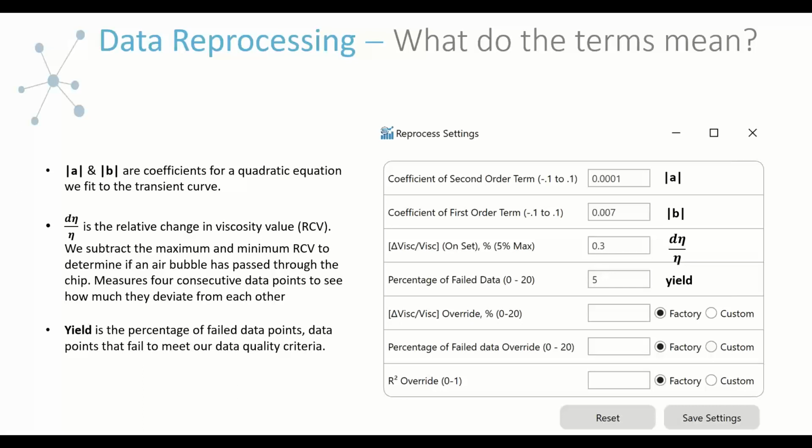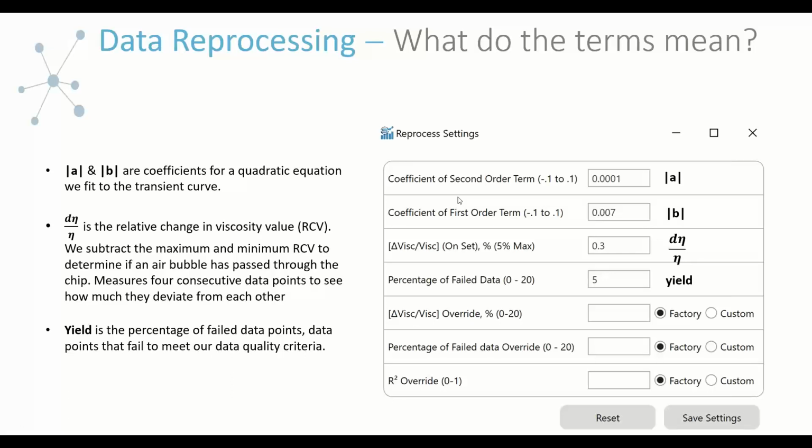Okay, so the question was, what criteria does Clariti use to flag the data point? Clariti uses 4 main criteria when it flags a data point.